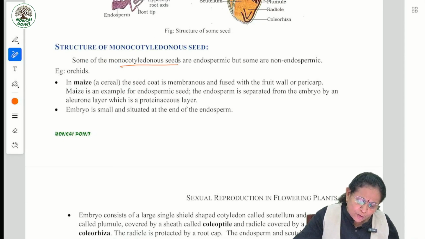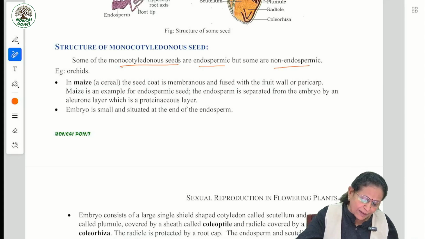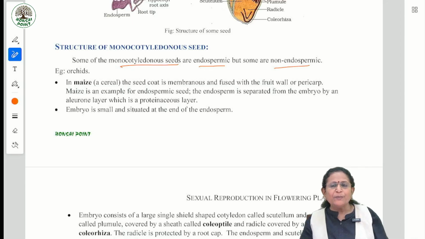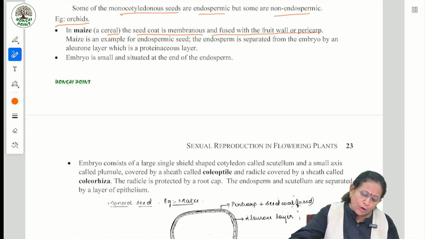Some of the monocotyledonous seeds show endospermic presence, but some are non-endospermic. Some of them show the presence of endosperm, but some of them do not. Example, orchids. In maize, which is a cereal, the seed coat is membranous and fused with the fruit wall or pericarp.